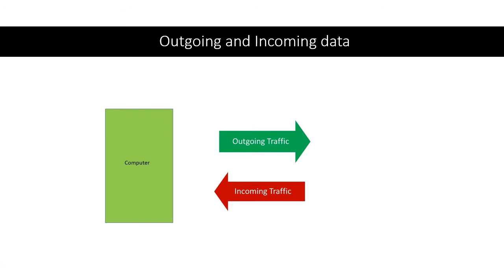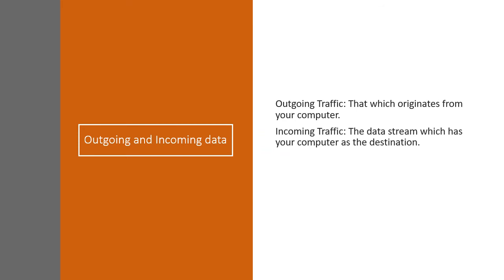As you can see, the data originating from the computer is the outgoing traffic, while the data which is coming into the computer is the incoming traffic. To repeat the definition again: outgoing traffic is that which originates from your computer. Incoming traffic is the data stream which has your computer as the destination.